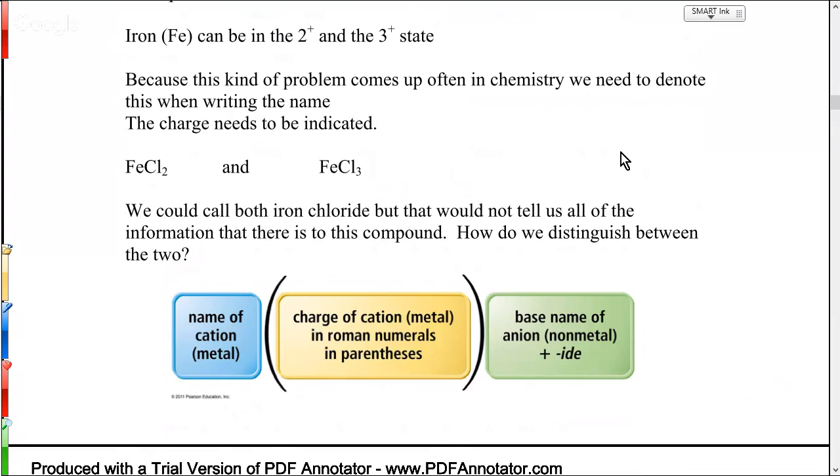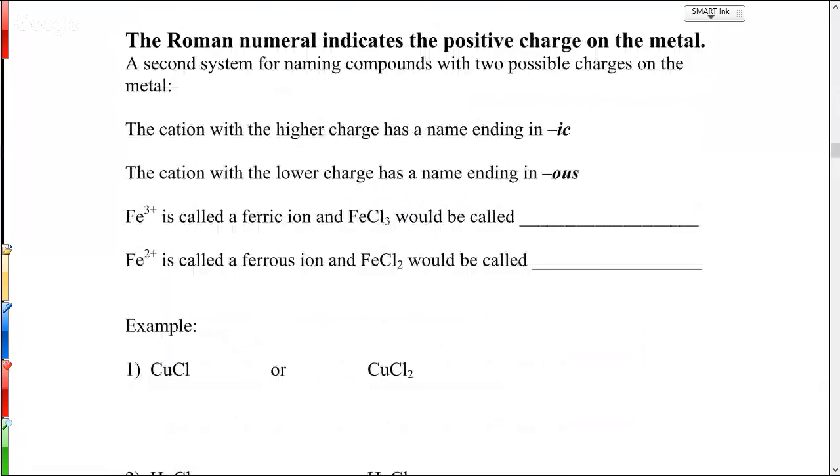The only tricky part is that the thing that goes in the parentheses is the charge of the metal, how many plus it is, not how many of them there are in the compound. That's a really common mistake that I see. So if you have something like Cu2O, which is copper(I) oxide, the charge is 1, so it's copper(I) oxide, even though the subscript is 2. We're going to do some practice and make sure that we don't get confused by that.